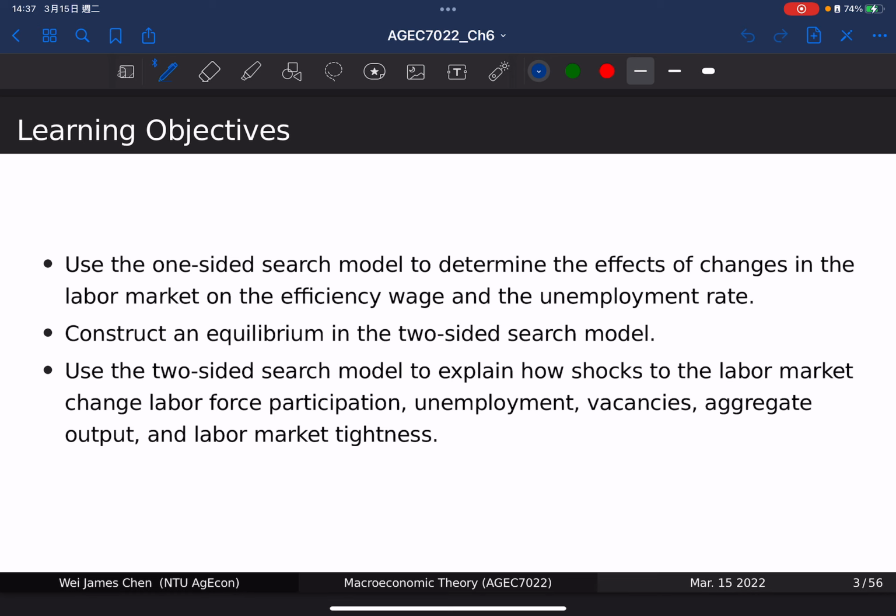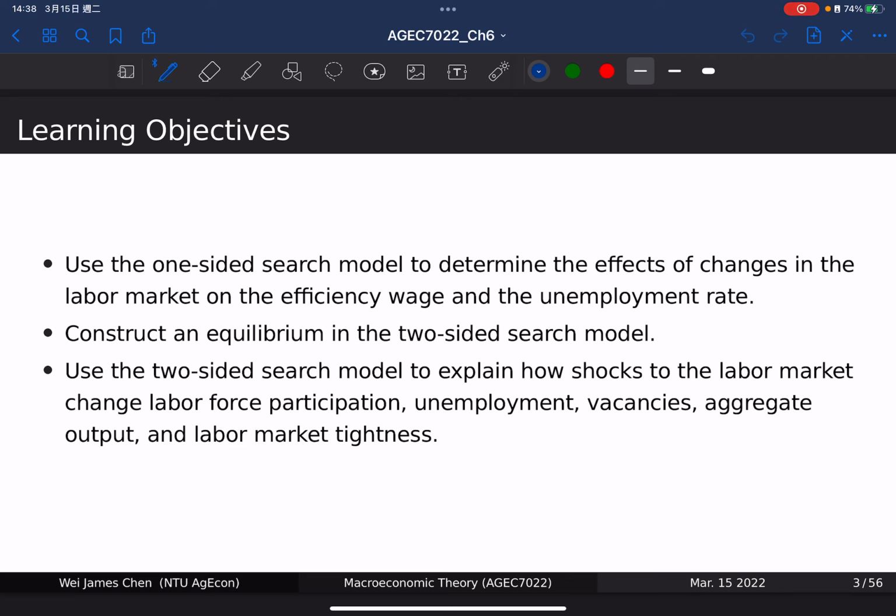And we will then show you what happens to the model when other factors change. Very similar to what we did in the last chapter, right? We showed you, for example, what happens when the lump sum tax increases, or when total factor productivity increases, right?